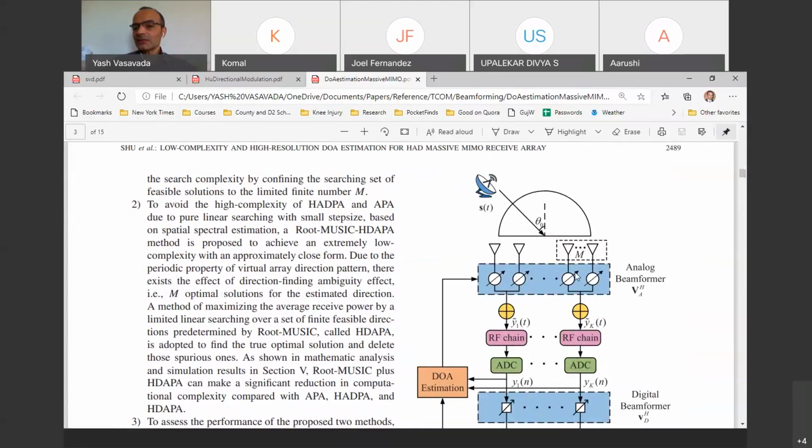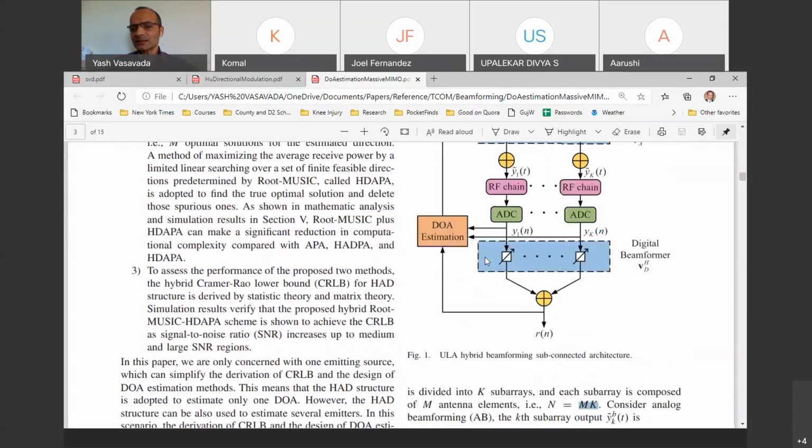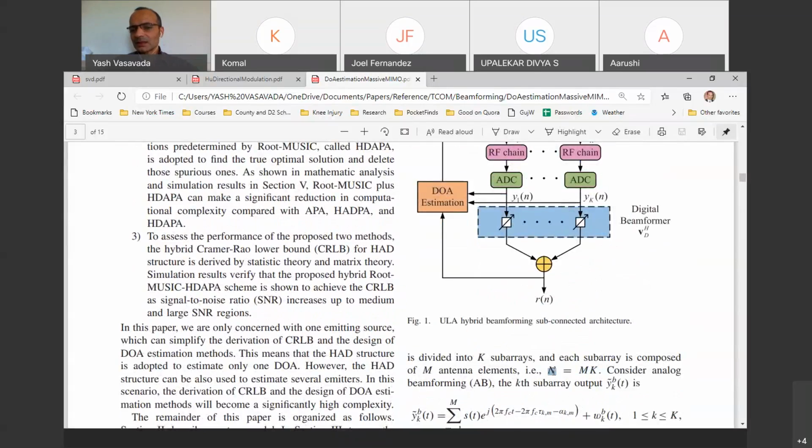One freedom that they have is they can combine the antenna output of each of these, what they call sub-arrays. So this sub-array has M elements. Let us take an example. Suppose they have a total of 100 elements, capital N is 100. 100 is too many RF circuits to put.